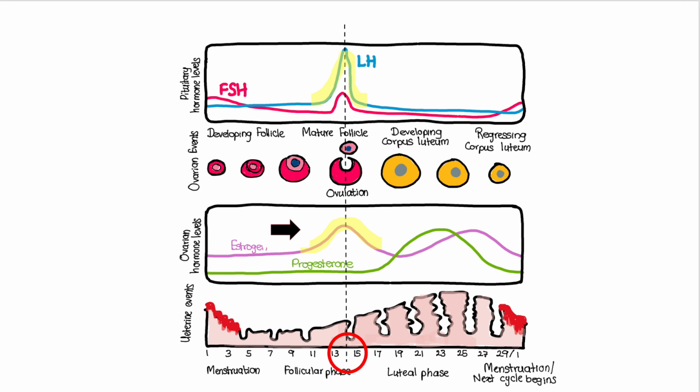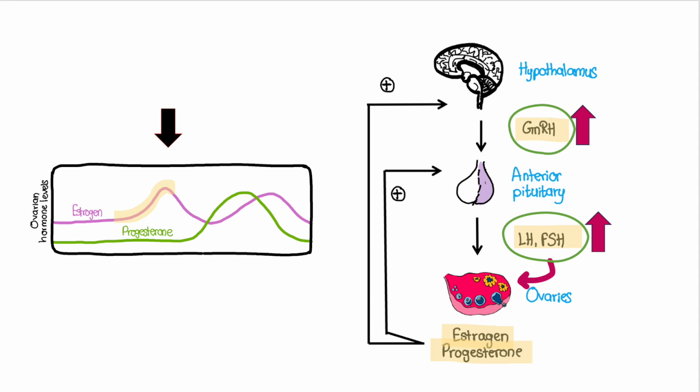As the ovarian follicles mature, they produce increasing amounts of estrogen. When estrogen levels reach a certain threshold, they exert a positive feedback effect on the hypothalamus and pituitary gland. This leads to the release of a large amount of LH. The LH surge is crucial for triggering ovulation.